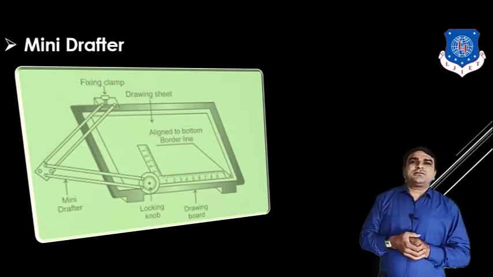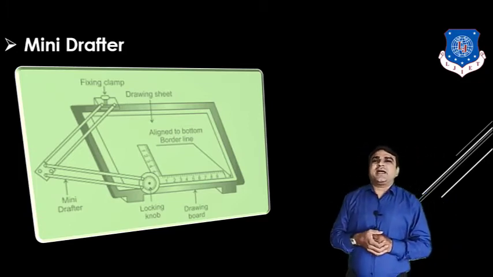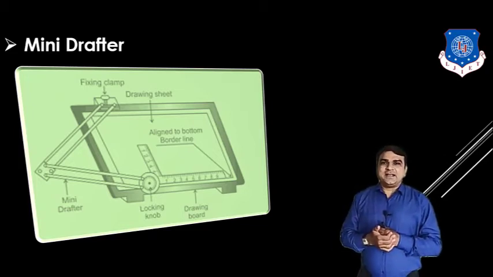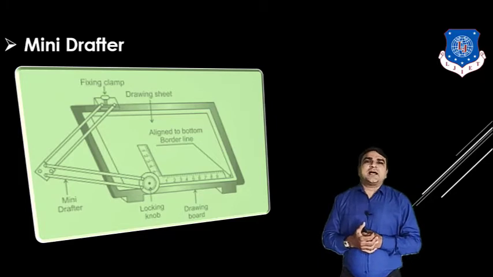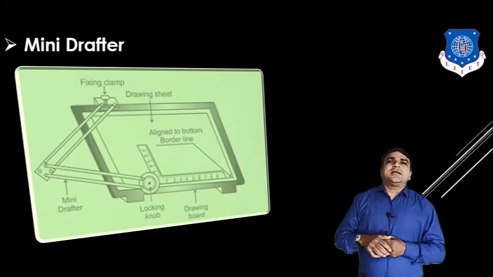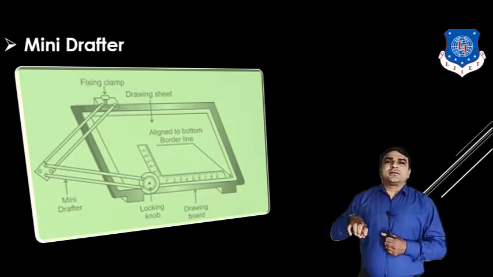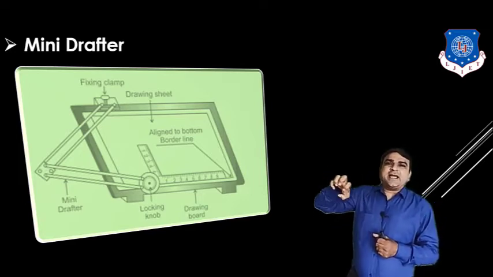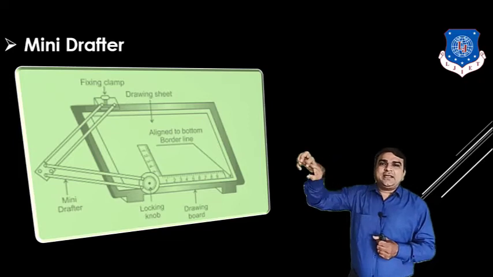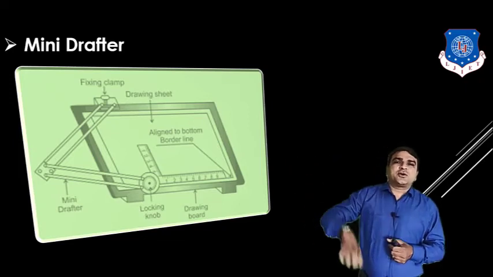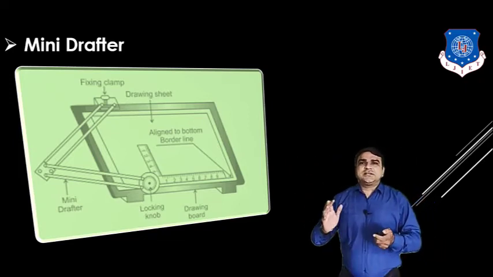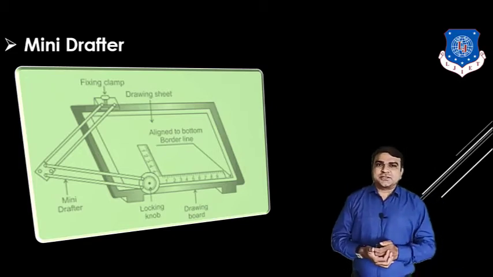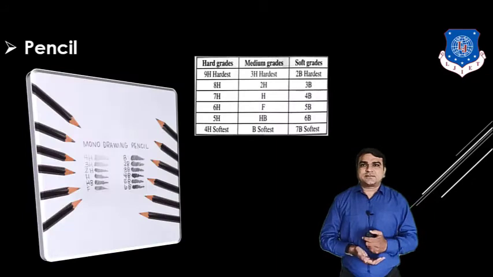At the end of the mini drafter there is a perpendicular L-shaped scale in which centimeters are graduated, and with the use of a knob you can draw horizontal, vertical and inclined lines in any area of the drawing paper on the drawing board. So it is a very essential and important drawing instrument for drawing purposes.